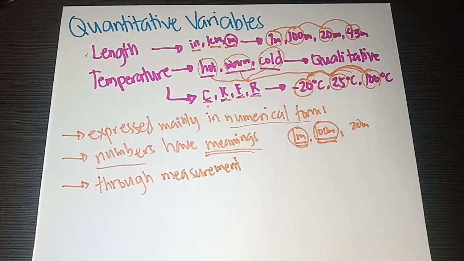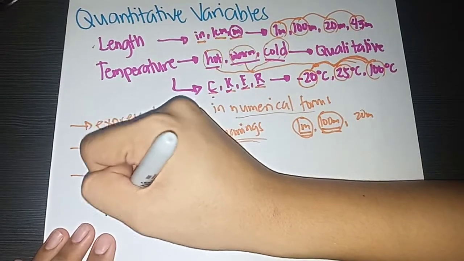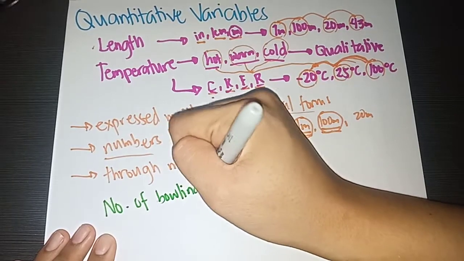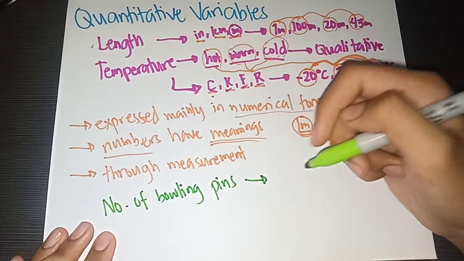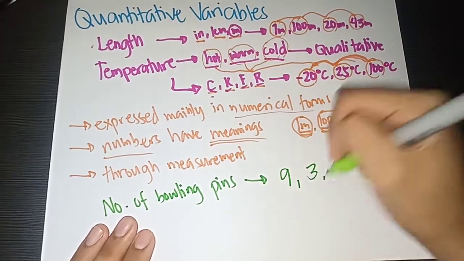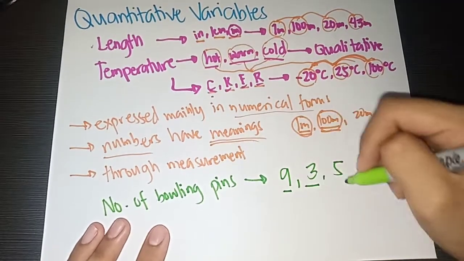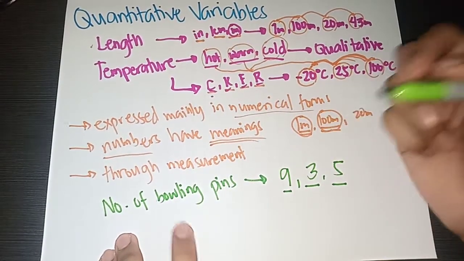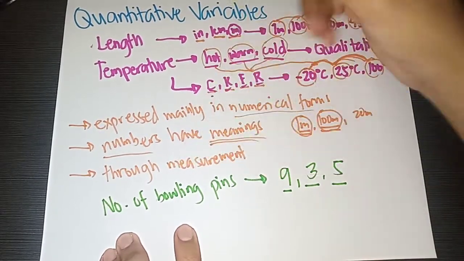Let's say we have the variable number of bowling pins in a certain bowling arena. The remaining bowling pins in an arena can be 9, 3, 5, whatsoever. How do we obtain these possible values? We do not measure it, right? Because we do not have units. We only use measurement when we have units.